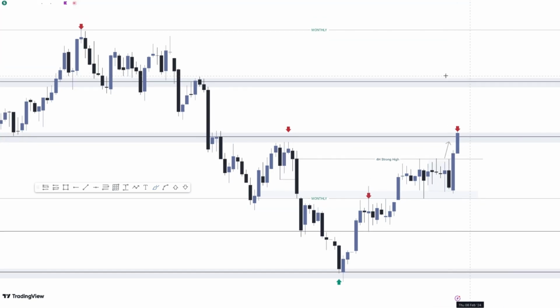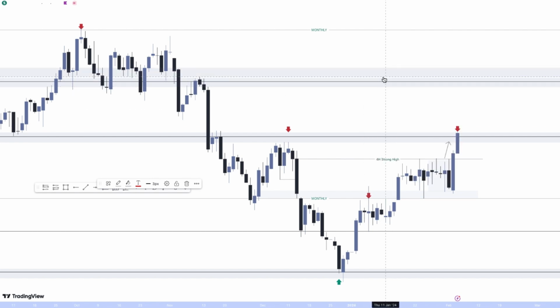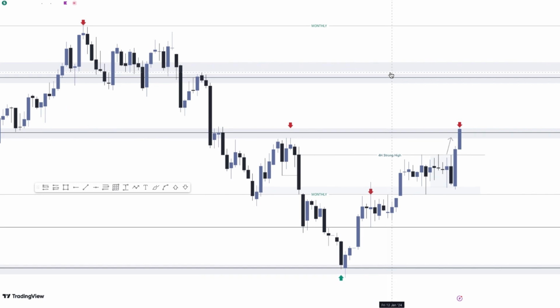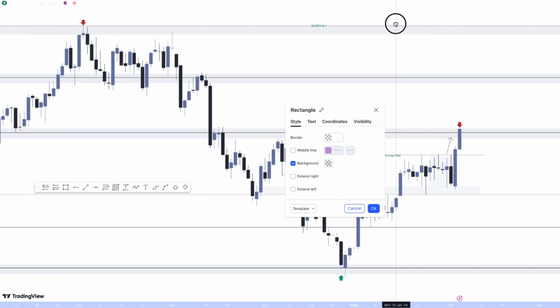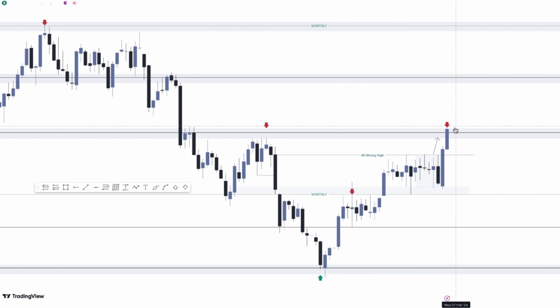So I still see price tapping these levels. You'll see we have the other monthly point right there. Maybe I can clone this. You'll see that we still have the other push toward the upside. This is our monthly point. I still see a push toward this level, but before that, it might take some time.